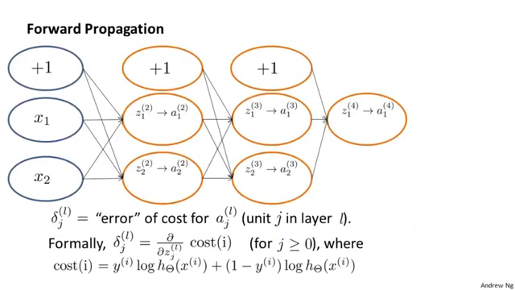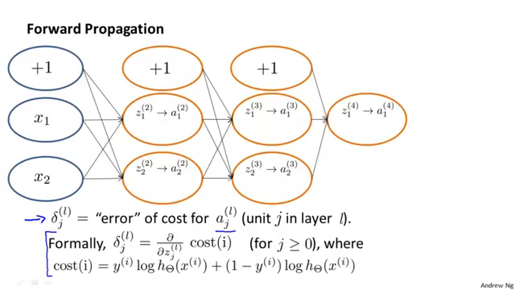Now let's look at what backpropagation is doing. One useful intuition is that backpropagation is computing these delta superscript l subscript j terms, and we can think of these as the quote-unquote error of the activation value that we got for unit j in layer l. More formally, and this is maybe only for those of you that are familiar with calculus, the delta terms are the partial derivative of the cost function with respect to z^(l)_j, that is, this weighted sum of inputs that we're computing, these z terms.